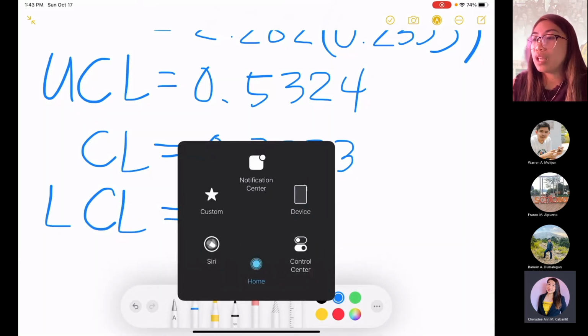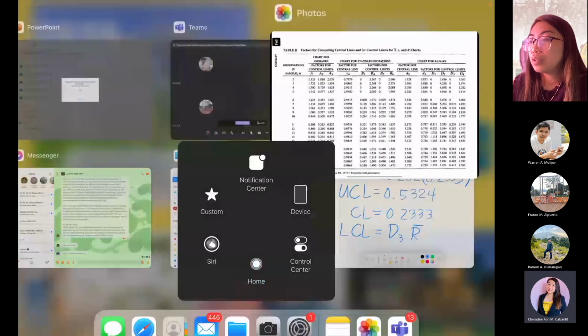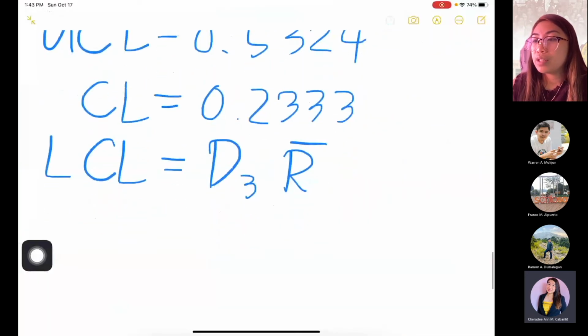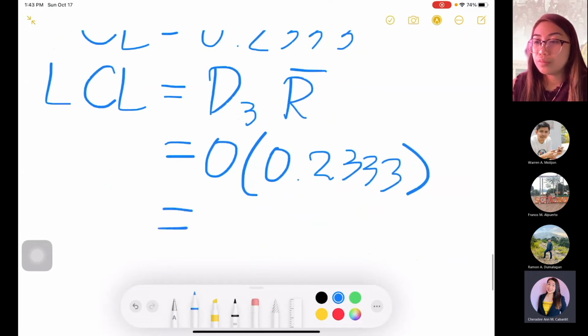Now your LCL is D3 bar R. So let's go back to the table. D3 at 4 is 0. So automatically, that's 0. 0 times 0.2333 is still 0.